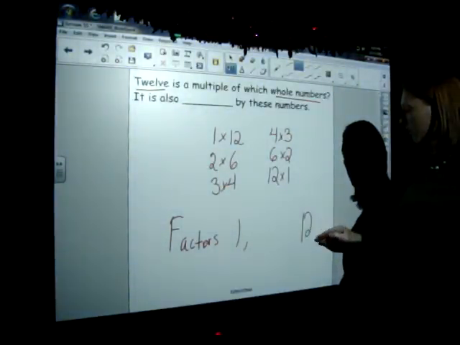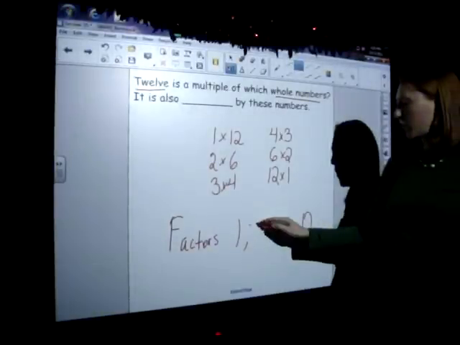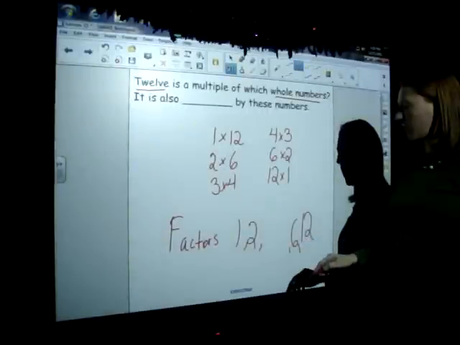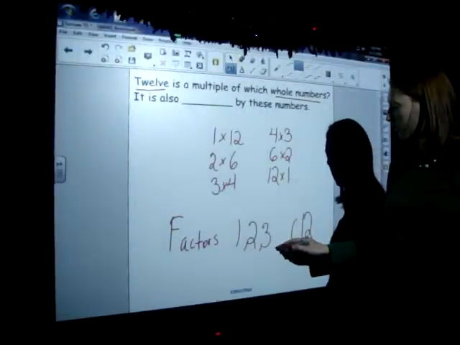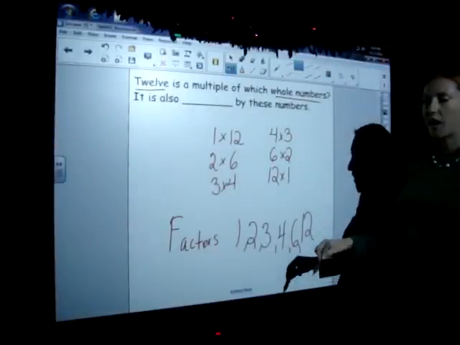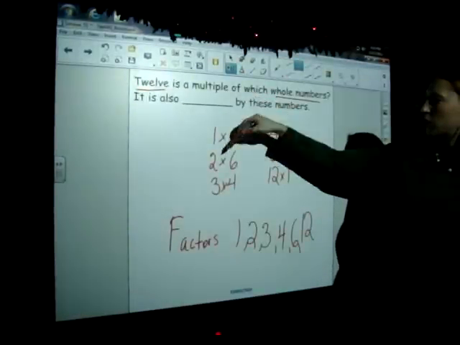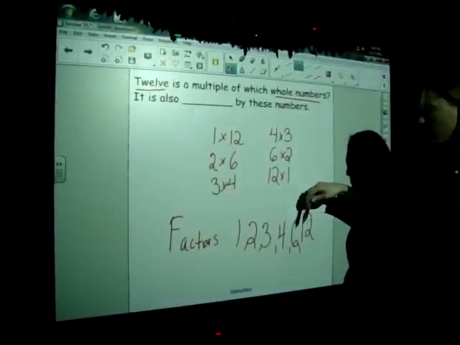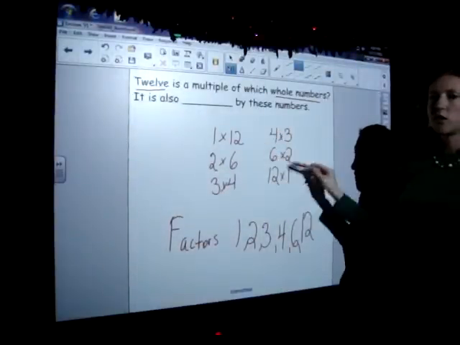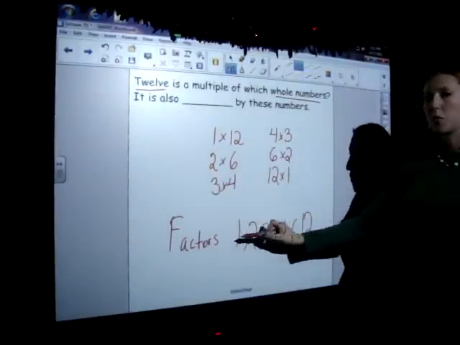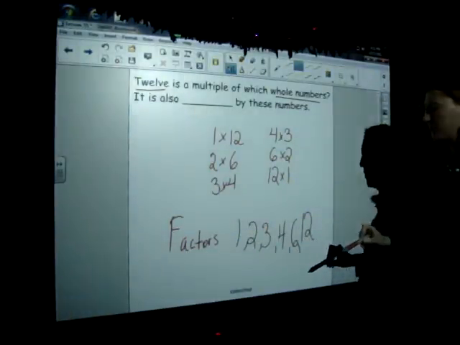So we use the number 12, the number 2, and 6, the number 3, and the number 4. Now I can check, I've listed 6 numbers, 1, 2, 3, 4, 5, 6. So I know that I've listed all my factors. I haven't repeated any when I wrote them in order from least to greatest.